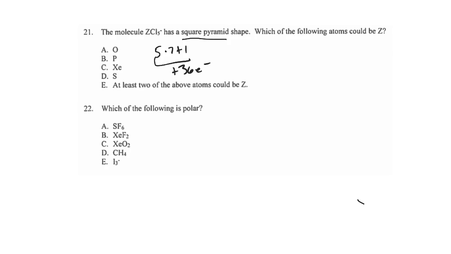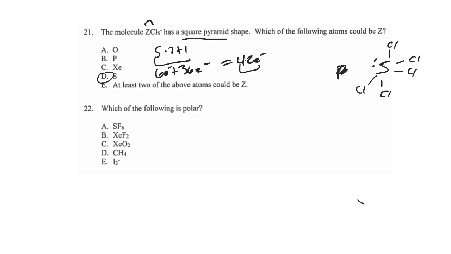I need to get up to 42 total electrons, so I can put 4 electron pairs around each of the chlorines for a total of 8 electrons for each chlorine, and then have 2 left over for the lone pair. And so I'm going to need 6 electrons on whatever Z is in terms of its valence count to get the 42. I can have something like sulfur, have the 5 chlorines, 8 electrons each, 2 electrons left over. So I want that to be something like sulfur.